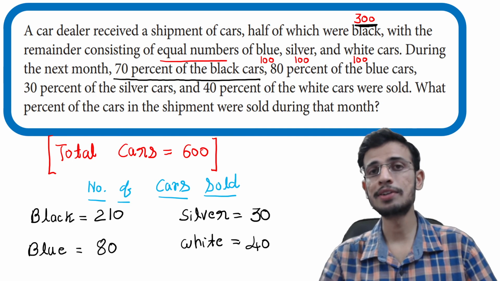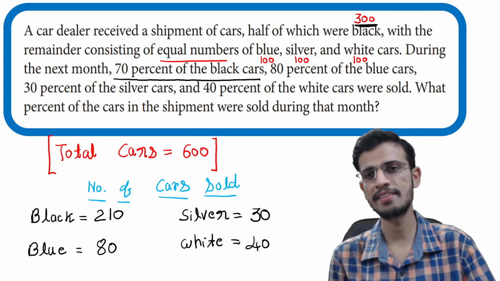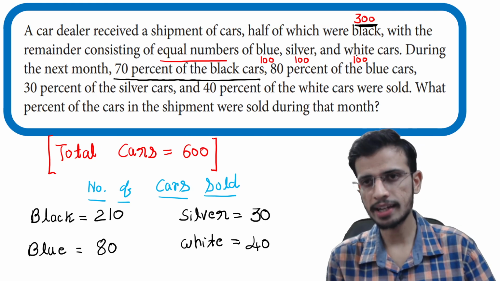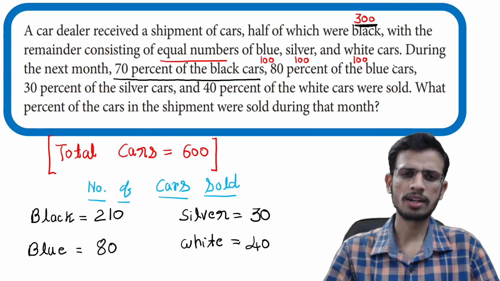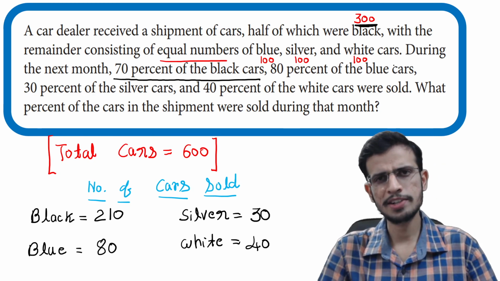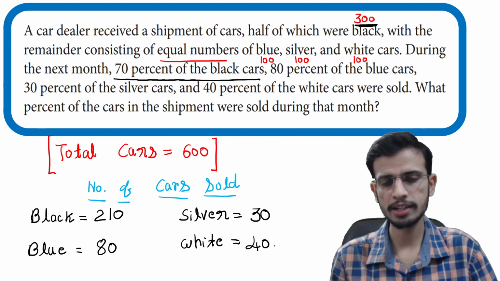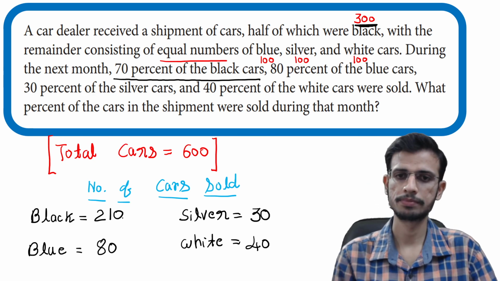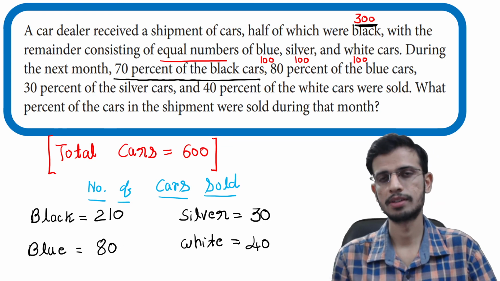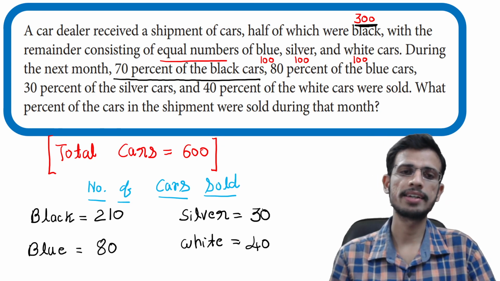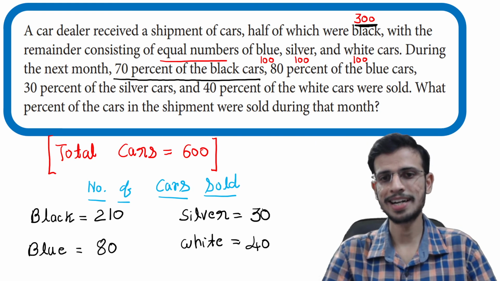So when you assume any value as 100, it will be very easy to calculate. 100, 100, 100, total 300 over here and 300 over here. So total how many cars were sold in the next month? 210 plus 80, 290, plus 30, 320, plus 40. We can say 360 cars, right?